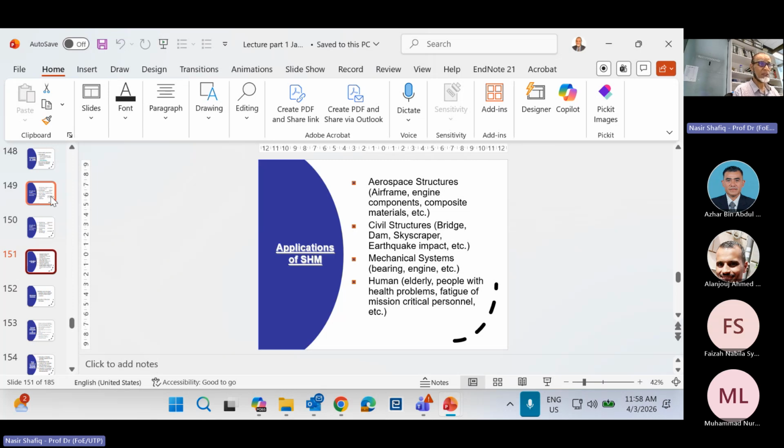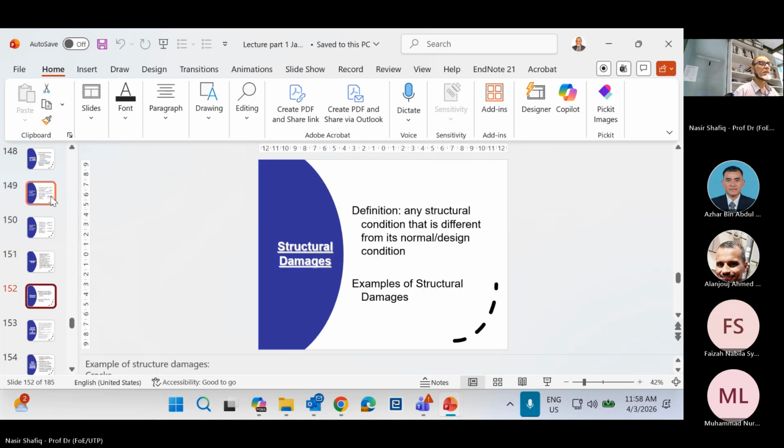Mechanical systems: bearings, engines, and so on.